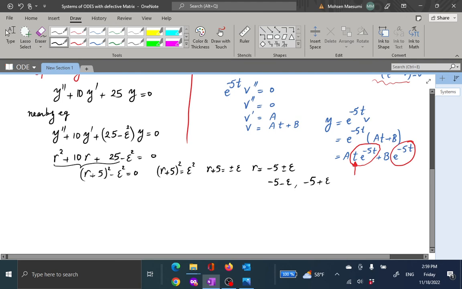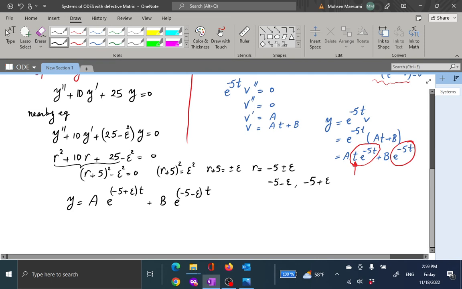I can go ahead and write my solution as y is equal to a exponential of minus 5 plus epsilon t, that's like root number 1, and b exponential of minus 5 minus epsilon t.